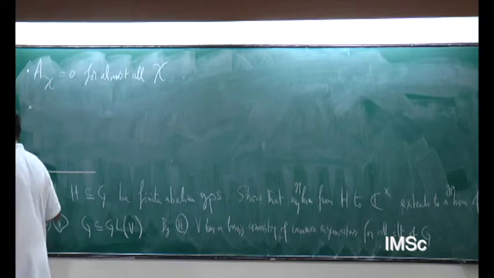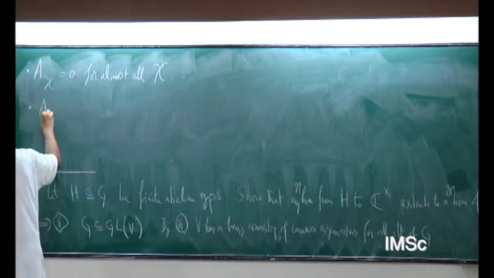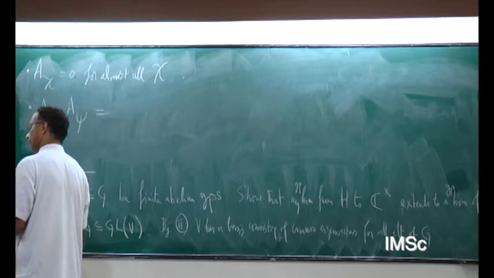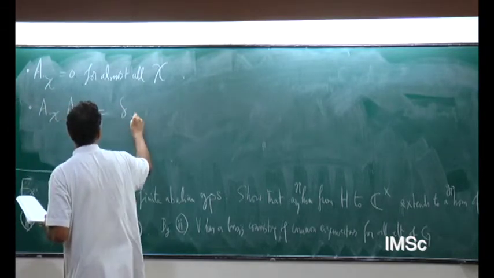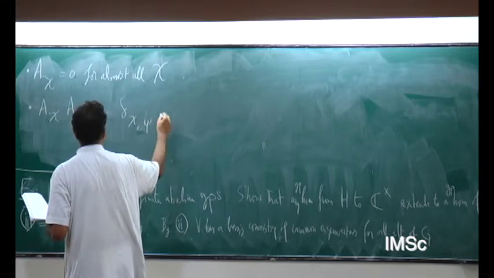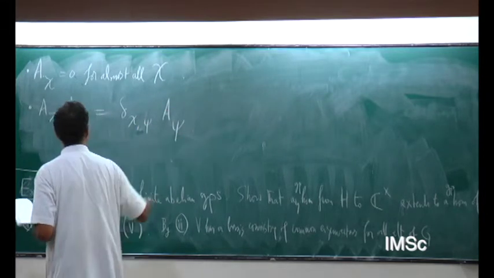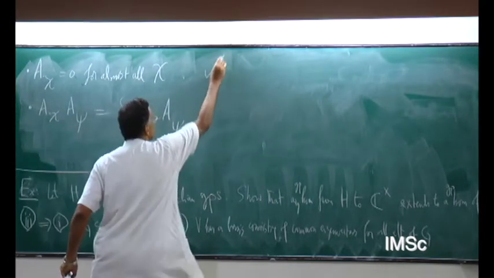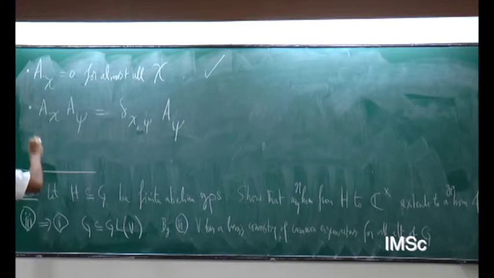Then the next claim is A_chi A_psi is equal to delta_chi,psi A_psi. This requires some proof. The first one is almost immediate, so this we have done. This is a claim.